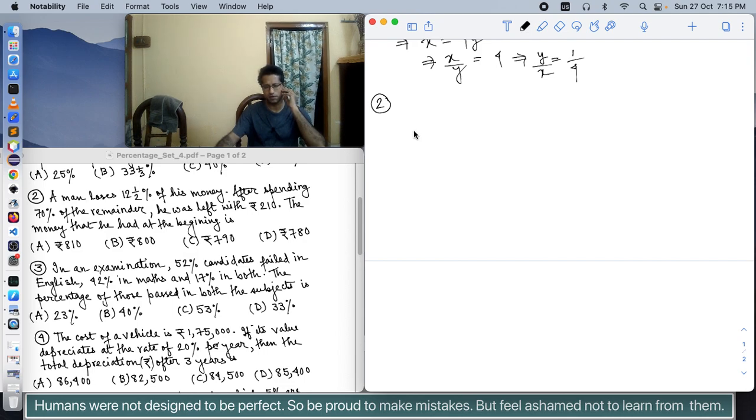And after spending that money, whatever finally was left was rupees 210. And it is asking what was the original amount of money the man had.